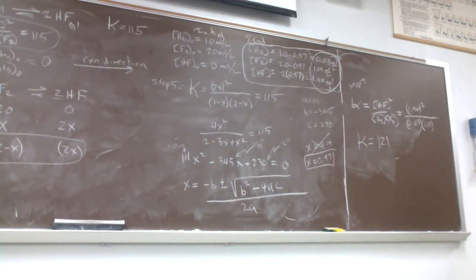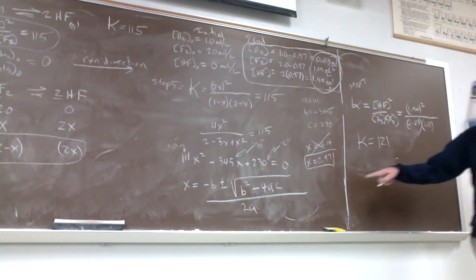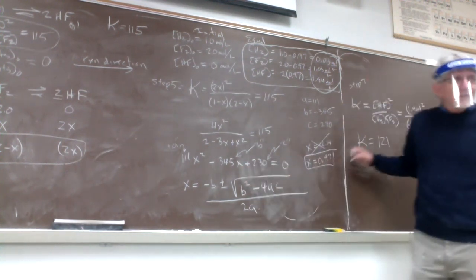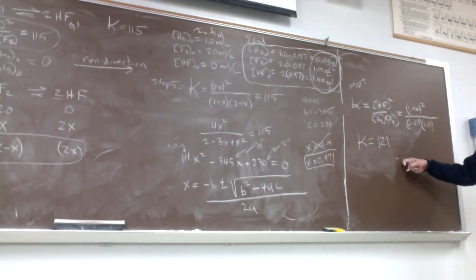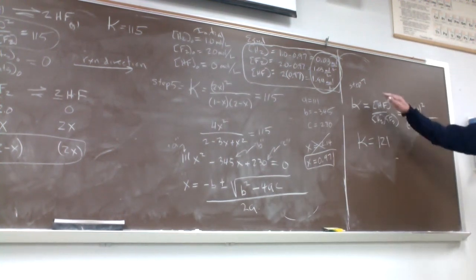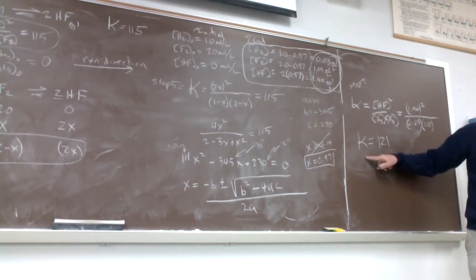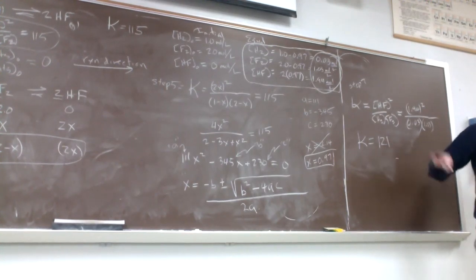So what do you think? You think we have to retool and start all over again? Did we make a mistake? No, that's rounding. If you dropped a sign here, or if you got a number wrong in here, your calculated check equilibrium constant value will be nowhere near the true value. You might have 20 million here, or 10 to the negative 12, or some ridiculous number, and you know you're wrong.